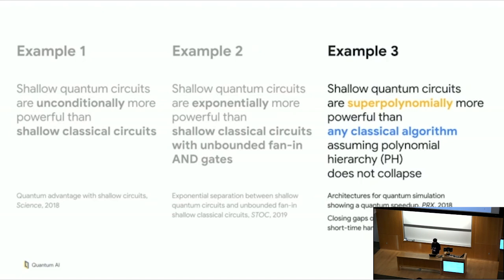There were some gaps in their proof, so in a follow-up work in PRL 2020, they closed these gaps to establish quantum advantage. Essentially, what they showed in this line of work is that shallow quantum circuits can achieve computational problems, like sampling problems, that any classical algorithm would require superpolynomial time to achieve, assuming that the polynomial hierarchy does not collapse. That is a pretty standard assumption for claiming quantum advantage.